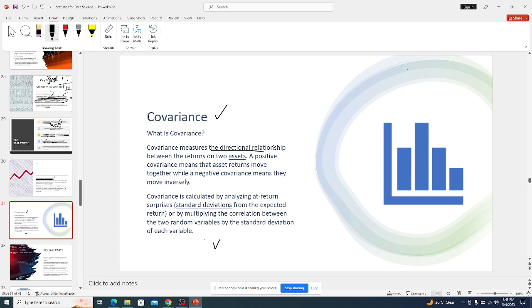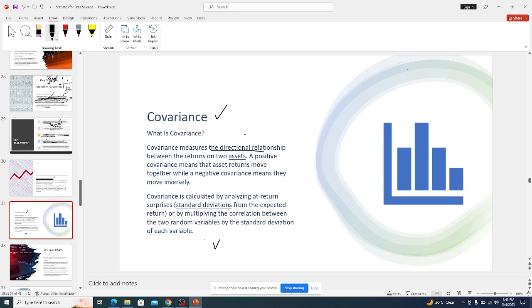So basically, let me just make it quick. Covariance shows us the joint variability of two variables. Here, we are talking about two variables, or two assets, depending on what you need.